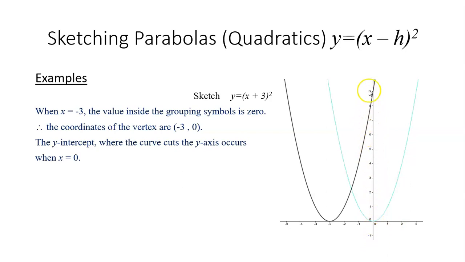So if I substitute in 0 into the equation here, 0 plus 3 is 3, and then 3 squared gives us 9, which is that value in there. So substituting in x equals 0 into a function will tell you where it cuts the y-axis, if it cuts it at all. So the y-intercept is at 9.